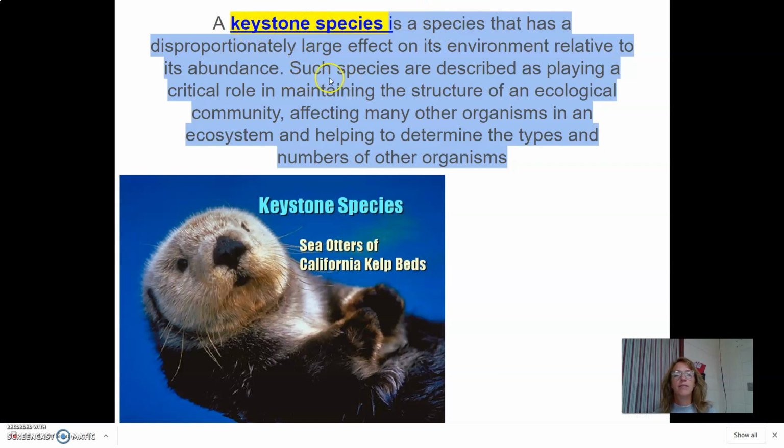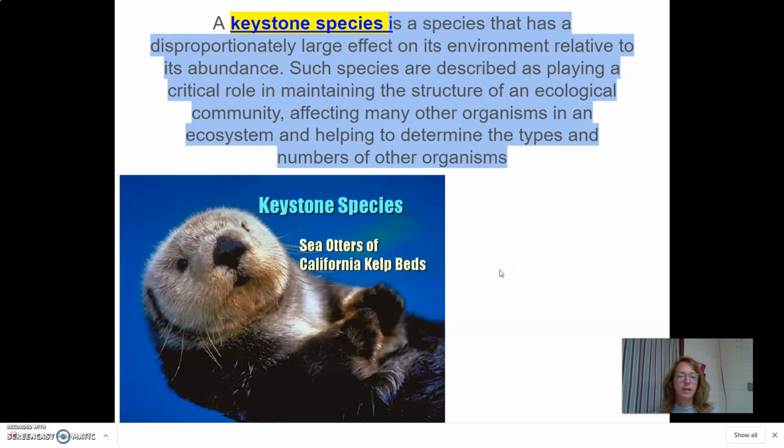Because they have a large effect on the environment related to their abundance. So sometimes a keystone species can be a plant. More often than not, they're a top consumer or that top predator because of their disproportionately large effect relative to how many there are. So think about that. I want you to understand it.